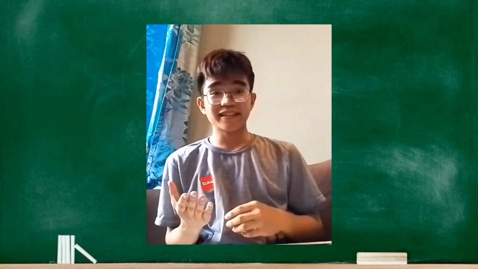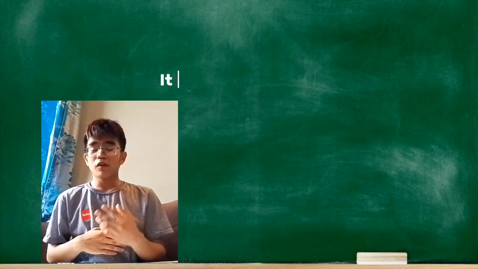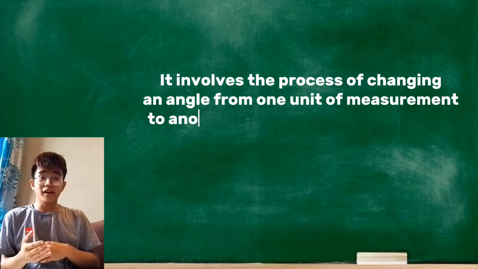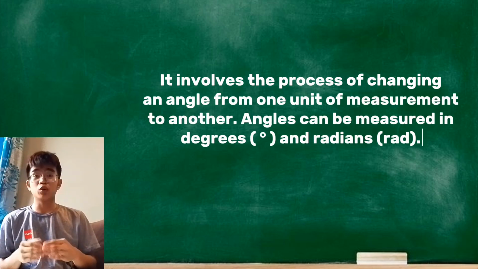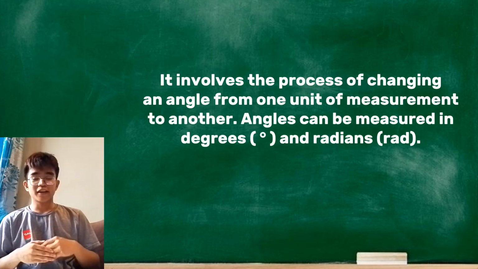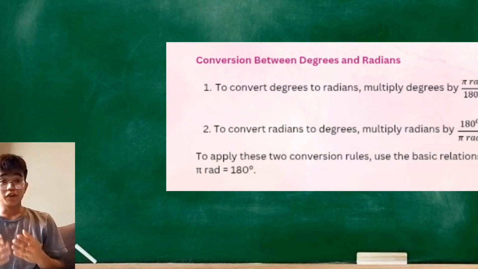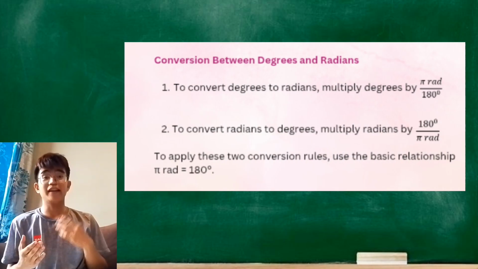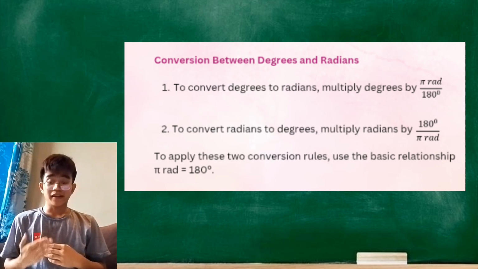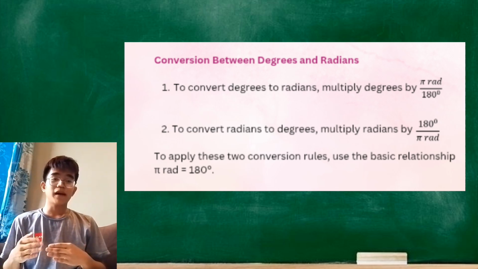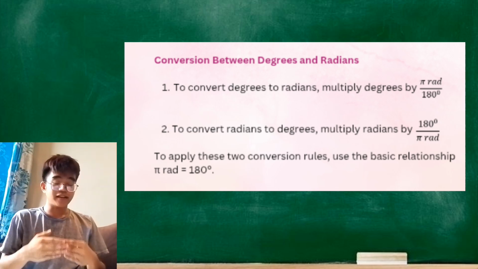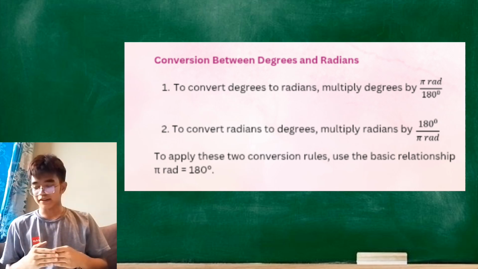Converting between degrees and radians. It involves the process of changing an angle from one unit of measurement to another. Angles can be measured in degrees and radians. Conversion between degrees and radians. To convert degrees to radians, multiply degrees by pi radians over 180 degrees.